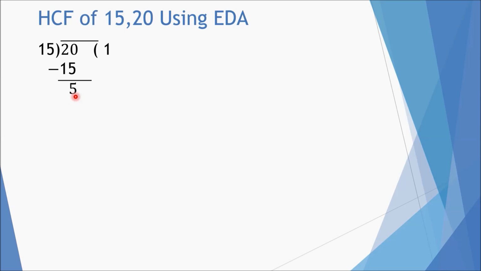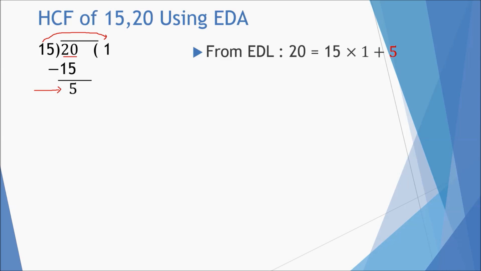Now we can use EDL, Euclid's division lemma, here. According to Euclid's division lemma, 20 is equal to 15 multiplied by 1 plus 5.